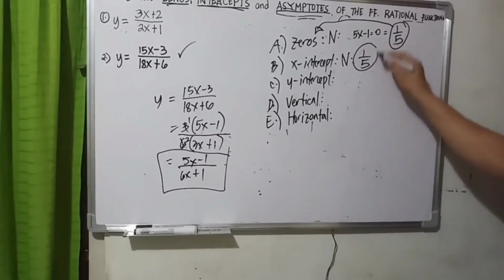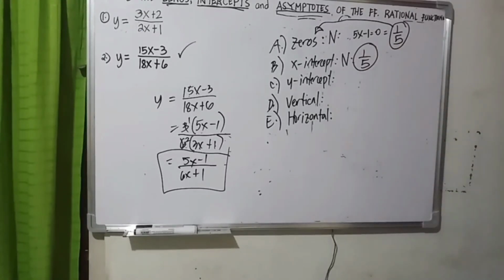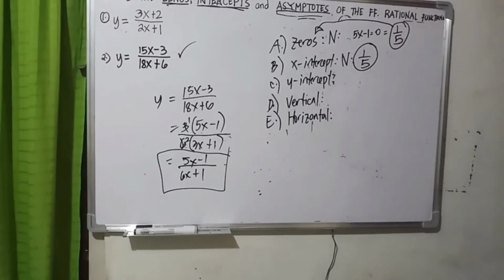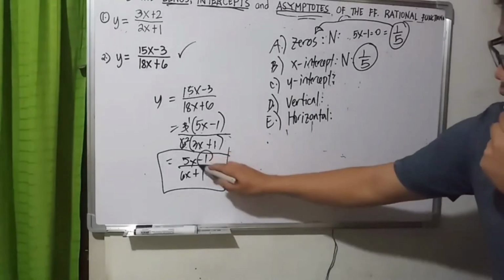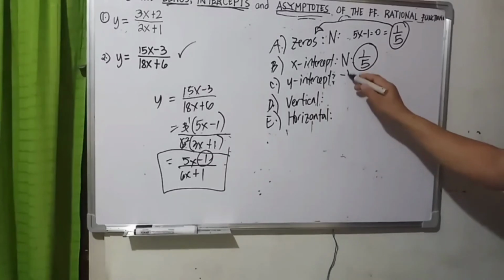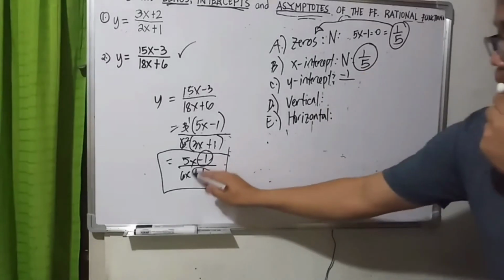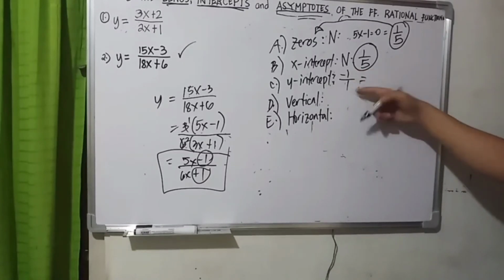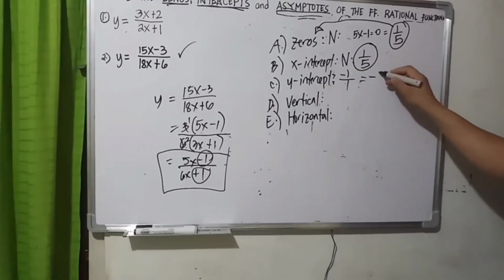So, that is 1 over 5. Ang y-intercept, naka-base tayo sa whole number of the numerator and denominator. So that is negative 1 over positive 1. Negative 1 divided by positive 1 is negative 1.